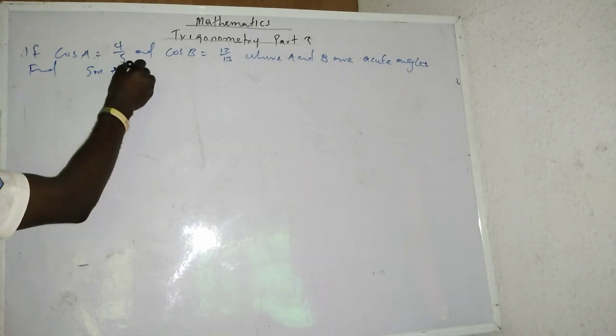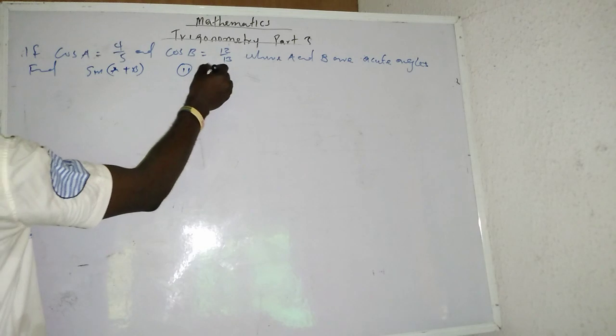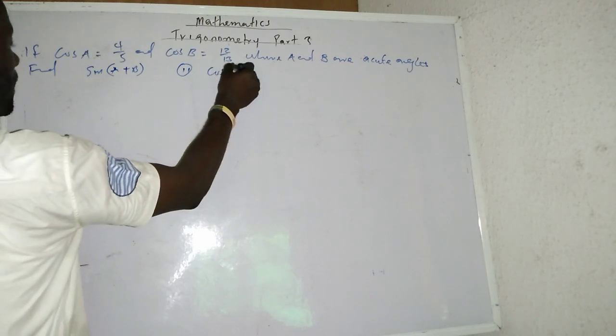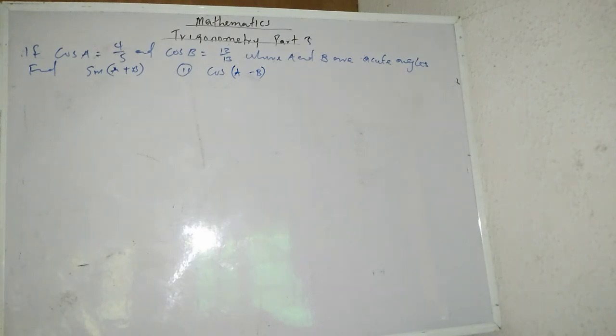Now, find sine A plus B and also cos A minus B. Now, let's try to work on this particular aspect.